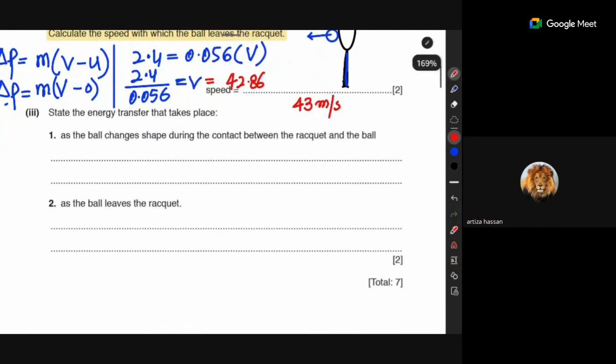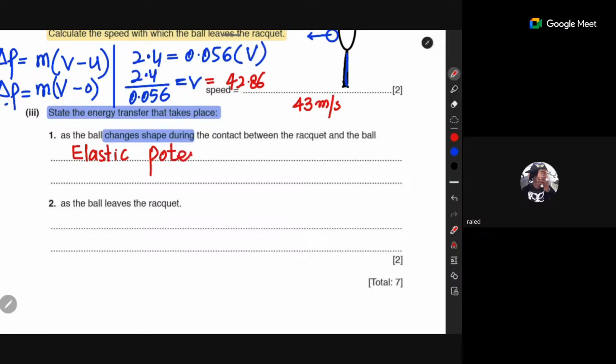Okay. Now, the energy transfer that takes place. Although it is not related to the momentum question, we must know that when a ball is hit by the racket, what type of energy change is taking place? The ball changes shape during the contact between the racket and the ball. So the energy is converted into elastic potential energy.